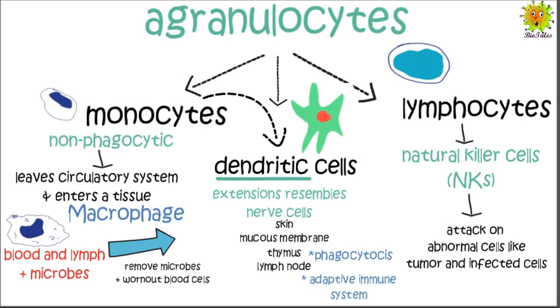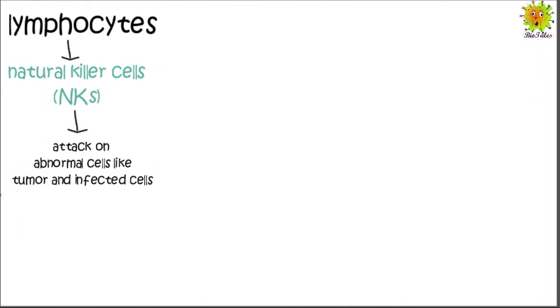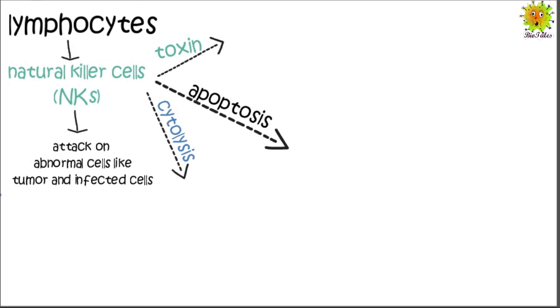That's the reason natural killer cells can kill a variety of infected and tumor cells. The natural killer cell attacks the host cell by either producing toxin, or through cytolysis or apoptosis.